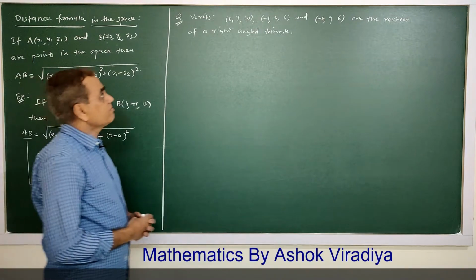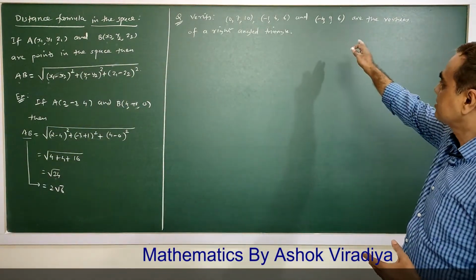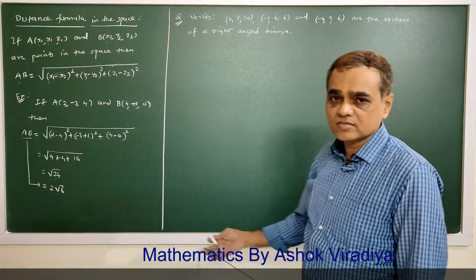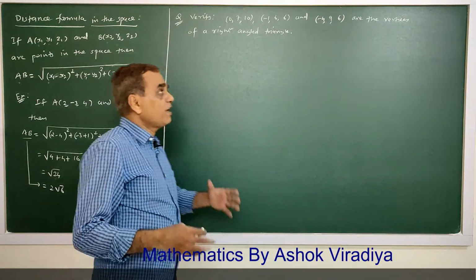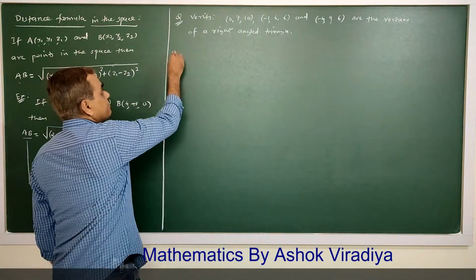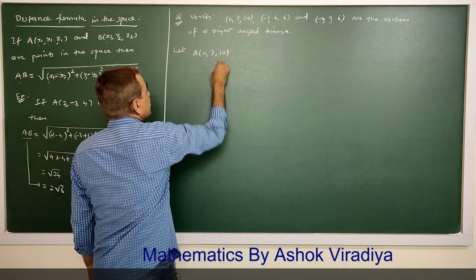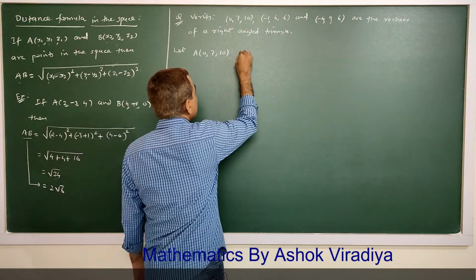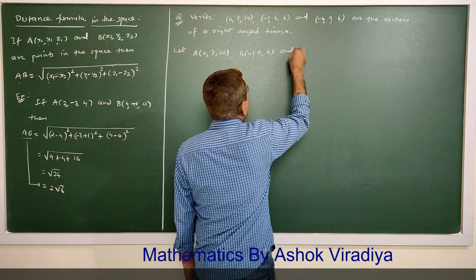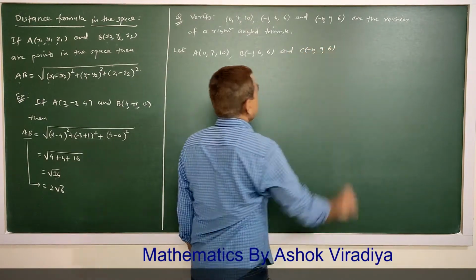Now in this question, verify these are vertices of a right angle triangle. So to prove or to verify this, let me label the names of the points. Let me say A is (0, 7, 10), B is (-1, 6, 6) and C is (-4, 9, 6).